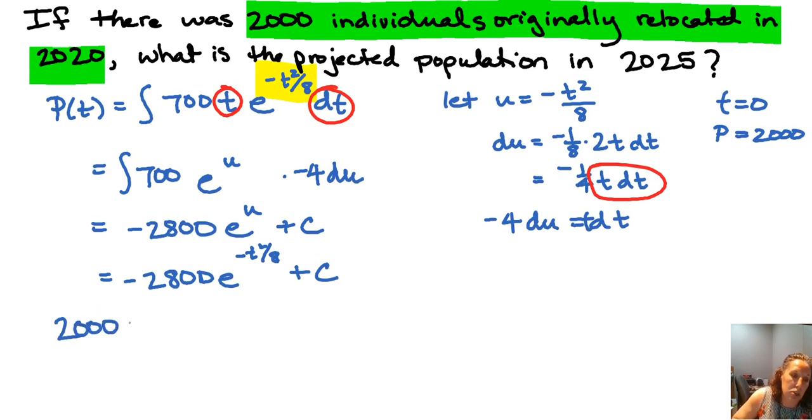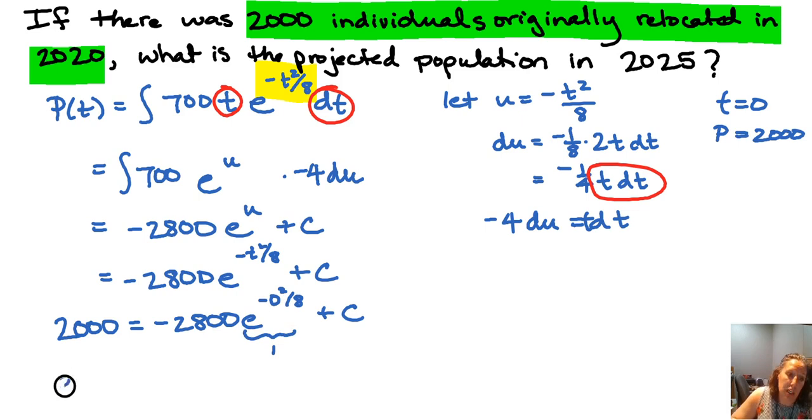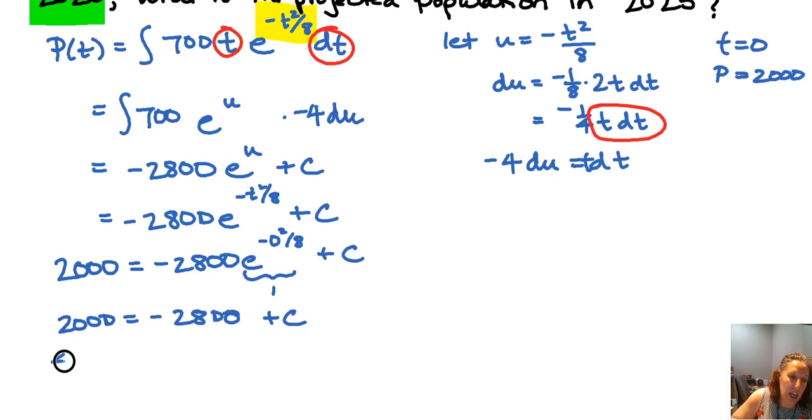We're going to plug in 2,000 for our population, and we're going to plug in 0 for our t and solve for c. All right, so if we plug in 0 for our t, our exponent is going to be negative 0 squared over 8, which is just 0, and e to the 0 is just 1, and so this is just going to be 2,000 equals negative 2,800 plus c. We can add 2,800 to both sides, and we get that c is 4,800.